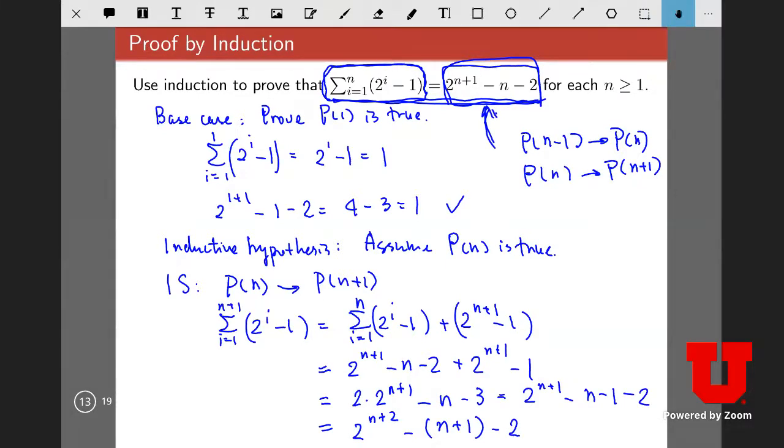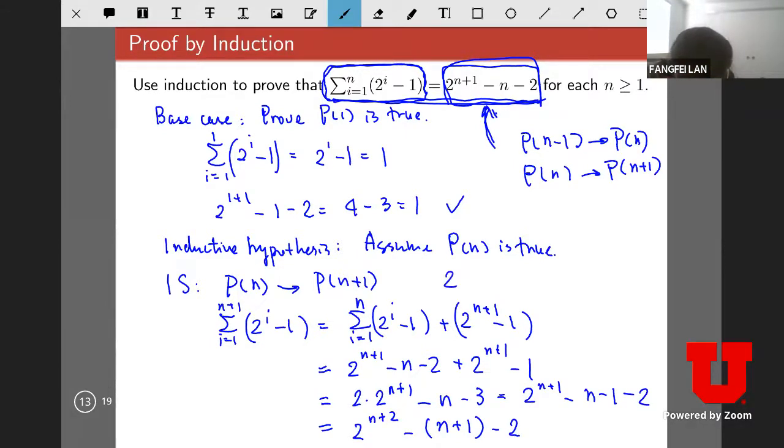Should we always write what we want to prove, like Pn plus 1? So we plug in n plus 1 into the right-hand side so that we know our goal. Yeah, I think that would be a good idea. I do that a lot just to see how it looks.